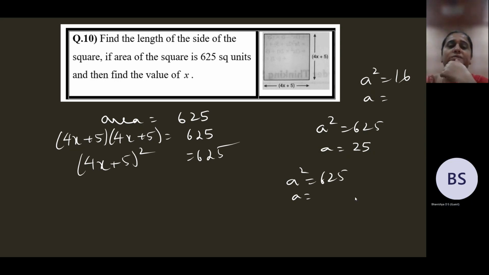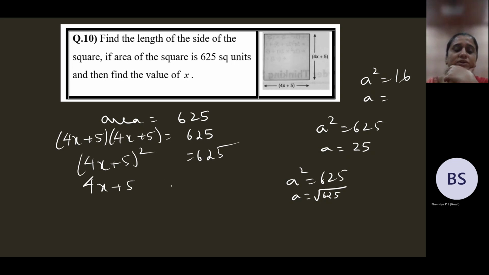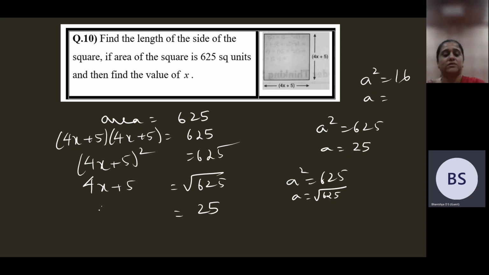No, I can't hear you. It's not clear. So if a square is 625, a is equal to square root of 625, isn't it? Yes, ma'am. So similarly, 4x plus 5 is equal to square root of 625. And what is square root of 625? 25, ma'am. So 4x plus 5 is equal to 25.